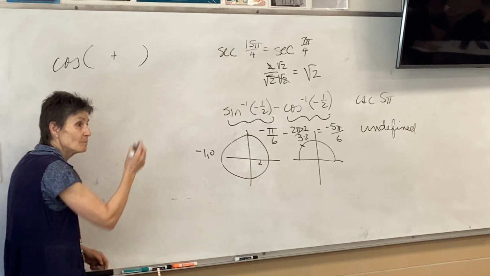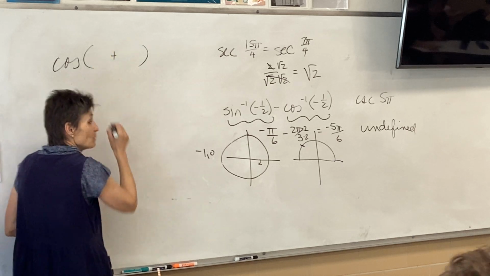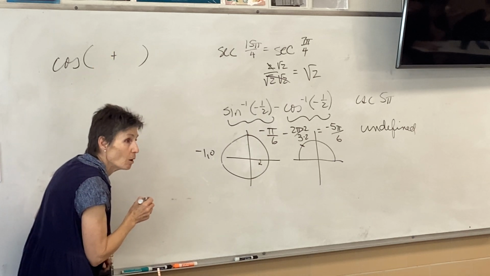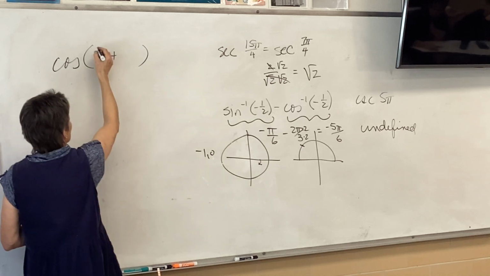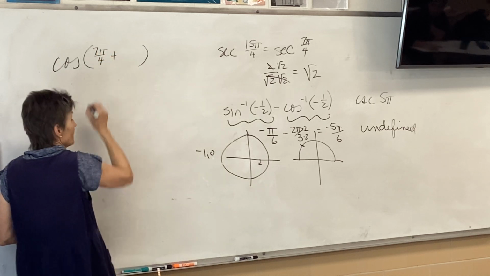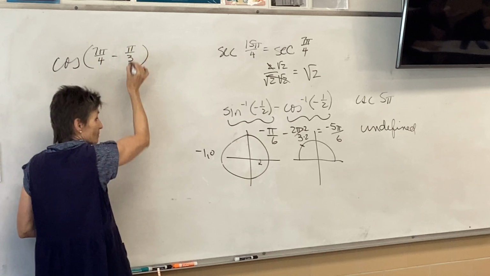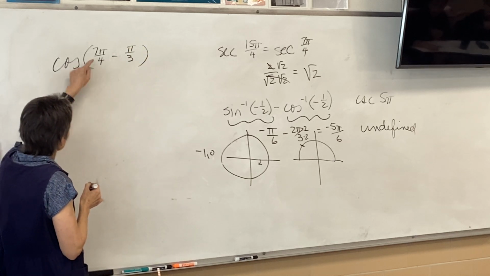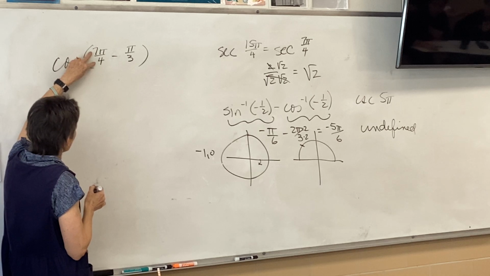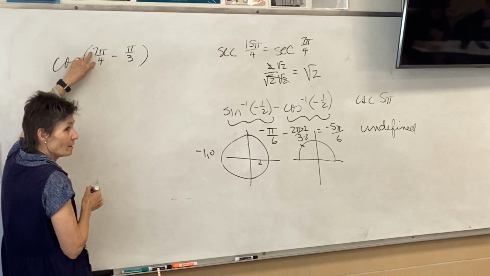Can it be like 7 pi over 4 if you want? Oh, yeah, sure. So you get 7 pi over 4 minus pi over 3. How many 12ths is that? 21 12ths?